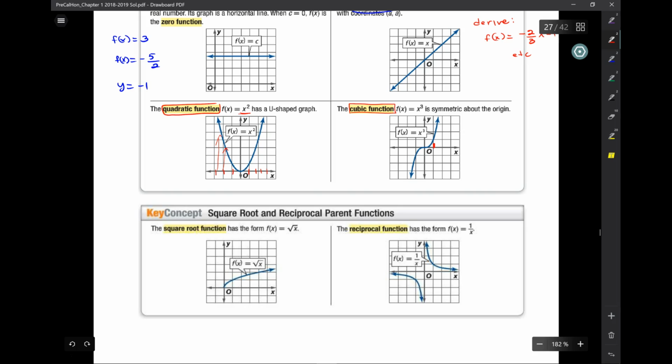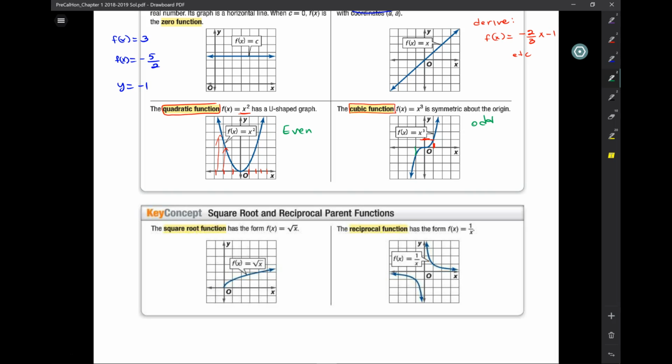If I put in a positive x value, the cube of it is a positive number. But if I put in a negative x value, the cube is a negative number, right? So whereas the parabola was an even function, this is going to be an odd function. That means their end behaviors are opposite, right? So that's one thing I need you to know, is that for the x cubed, it goes up on one side, but down on the other side.